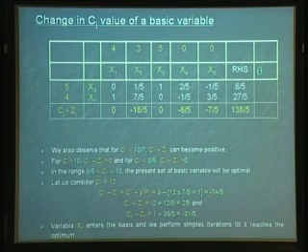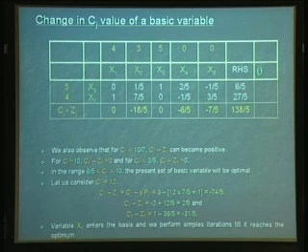We observe that if C1 is less than 10 by 7, C2 minus Z2 can become positive. For C1 greater than 10, C1 minus Z1 is greater than 0, and for C1 less than 5 by 3, C5 minus Z5 is greater than 0.